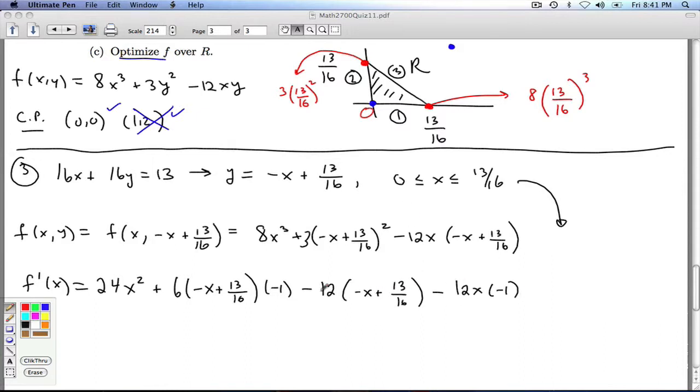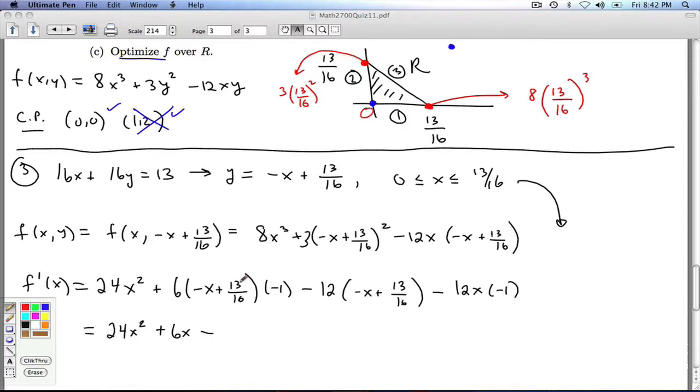Alright, that looks like a big mess, but let's simplify it down. Because there must have been some reason I chose 16s and 13s. Or maybe I just didn't know what I was doing. Well, let's see what happens here. I get 24x squared minus 6x. Actually, that's a plus 6x. Excuse me, because I had a negative 1 there. I'm going to get minus 6 times 13.